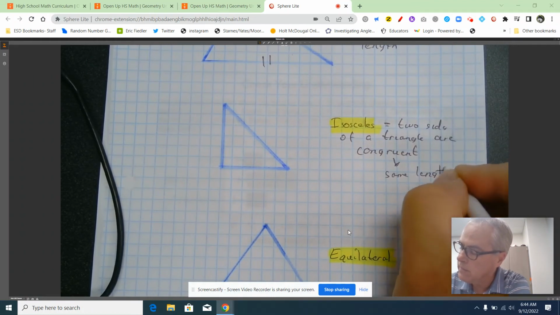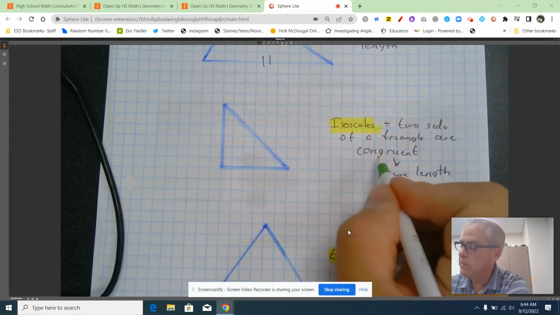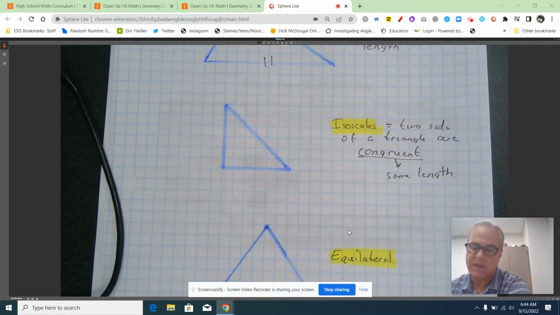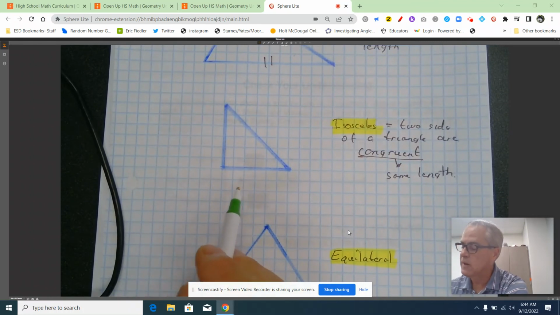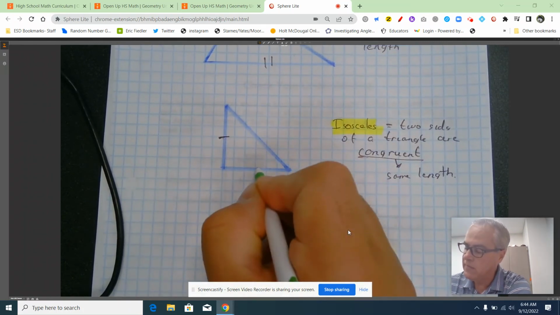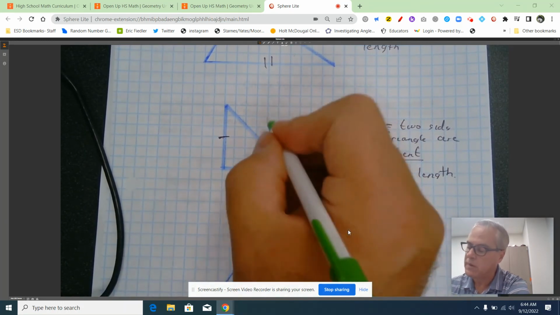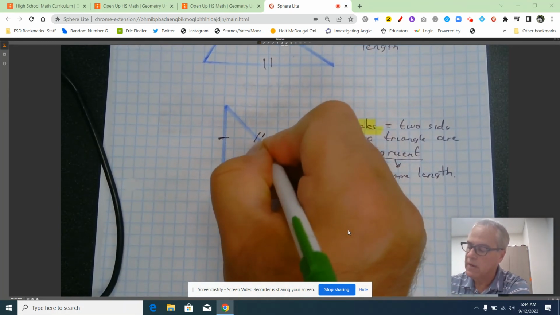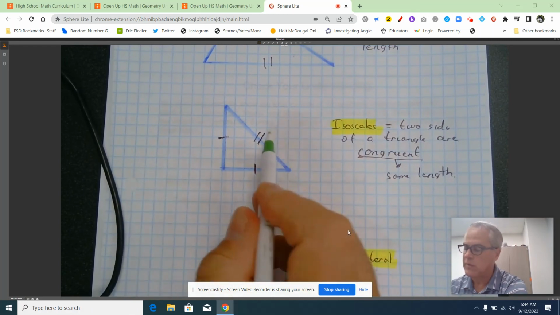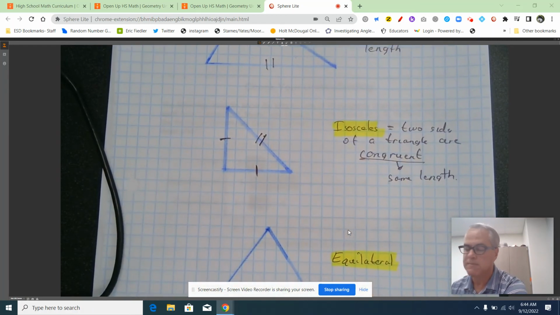If you hear me say the word congruent, it means same size and shape. In this case, it means that they have the same length. So in this picture right here, this side and this side have the same length, so I put the same number of tick marks. This one is different. I could leave it unmarked, or I could mark it with 2, showing that this side is not congruent to those two sides.